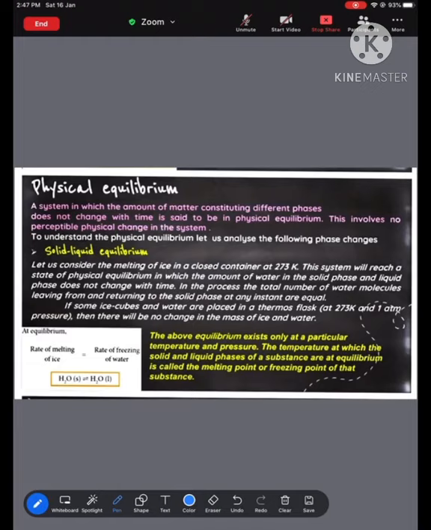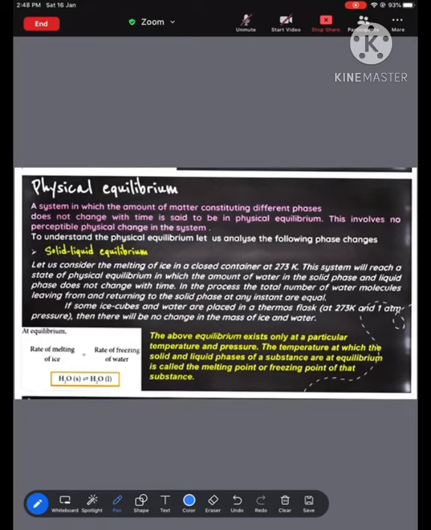To understand physical equilibrium, let us analyze the following phase changes. For example, take solid-liquid equilibrium, a system where solid and liquid are in equilibrium. Let us consider the example of melting of ice in a closed container at a temperature of 273 Kelvin.